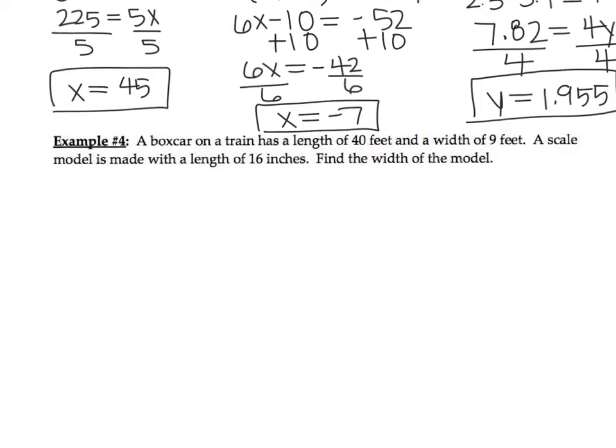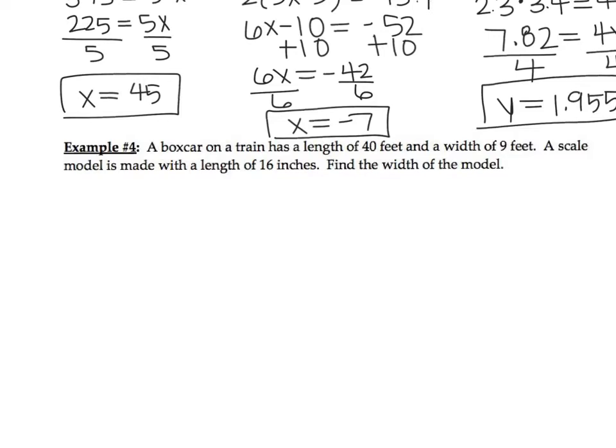So when we set up our proportion, I'm going to set it up so that we have length over width equals length over width. So when we're setting up a proportion for a word problem, we want to make sure we are setting up our equations so that they match.